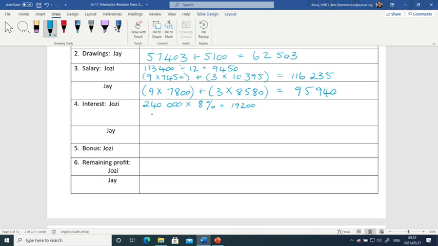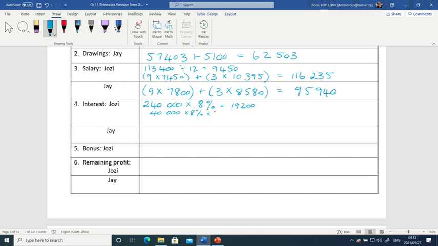Then she contributed another 40,000 at 8%, but that was on the 1st of June. So that will be for June, July, August, September, October, November, December, January and February.